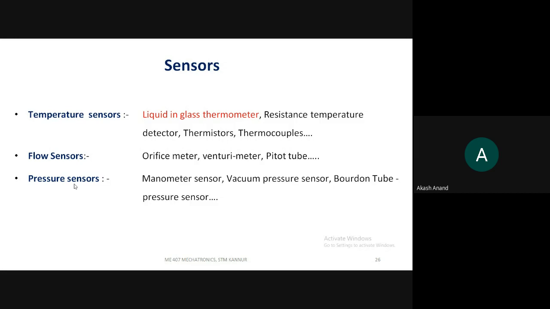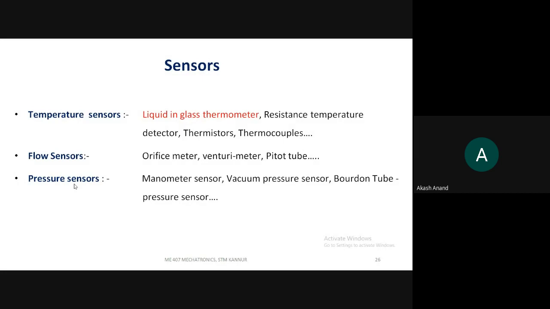I think this was also a topic you were familiar with in your fluid mechanics subject. Maybe you may have seen it in your fluid mechanics lab also. These are very important sensors or devices which you must be familiar with if you want to become a good mechanical engineer.